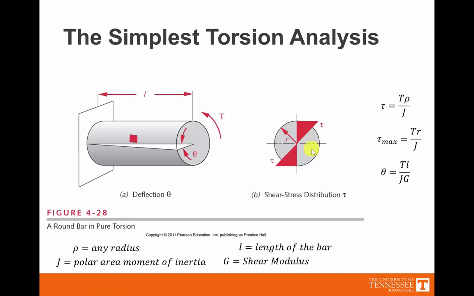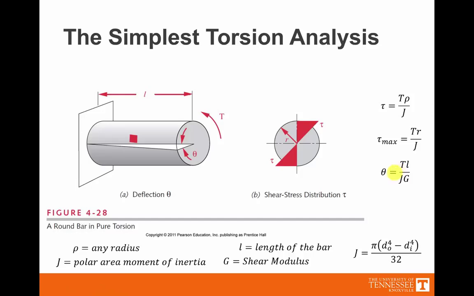We also can calculate the amount of deflection. So if I know the torque and I know what its shear modulus is and something about the area of the material and the length of the beam, I can actually calculate how far it deflected at a given torque. Okay.